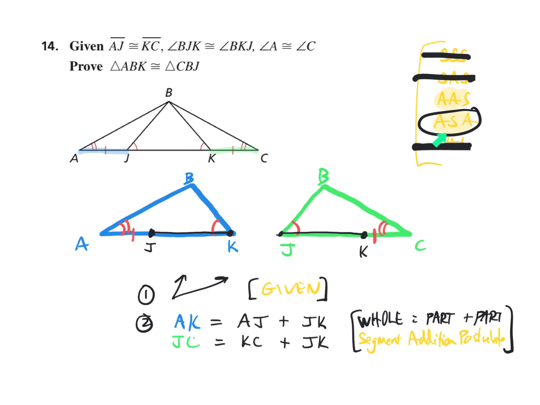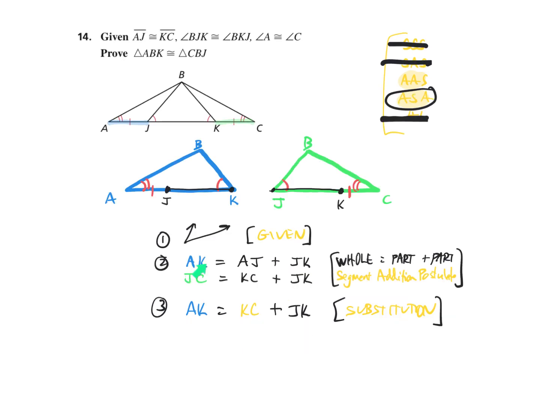So we've already got the two pairs of congruent angles. If we can show that side AK is congruent to side JC, then we'll have the pair of congruent sides, and we'll be done. So we're trying to show that the blue is equal to the green. It's time to use the given information that segment AJ is congruent to segment KC.